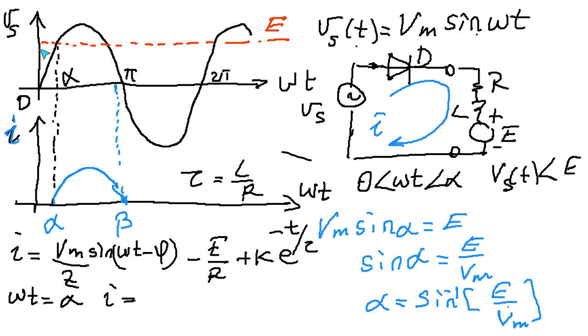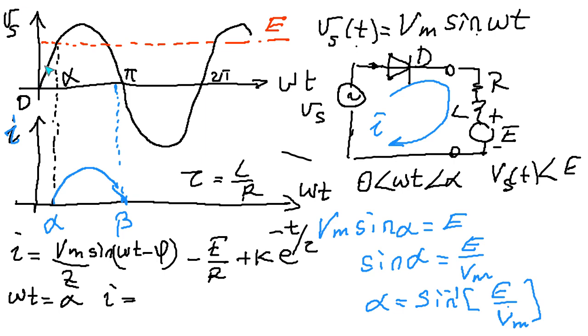If you have a source like this, that E voltage source, follow my cursor. That source positive potential is in the upper part, so it's opposing the diode terminal, opposing Vs. So the diode cannot let current flow between 0 and alpha.